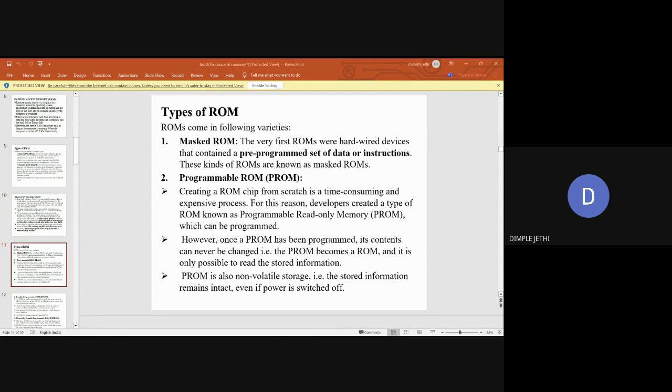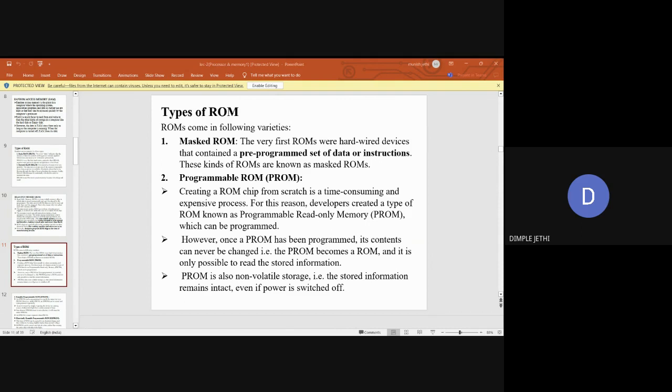PROM will become ROM when you have written or changed the instructions once. Programmable ROM means you can make changes in the instructions, but only once. After one time, it will become ROM only, because like ROM, you cannot make the changes again.